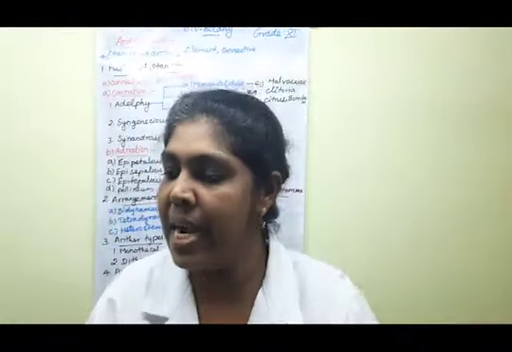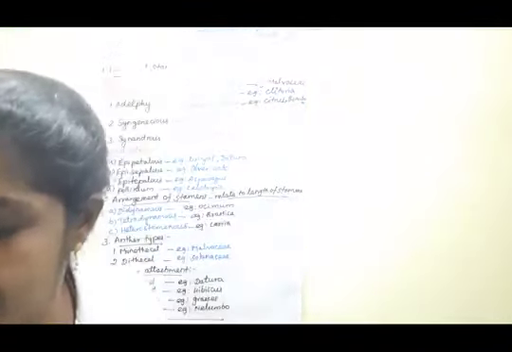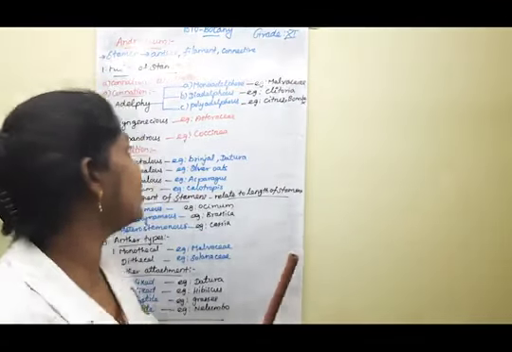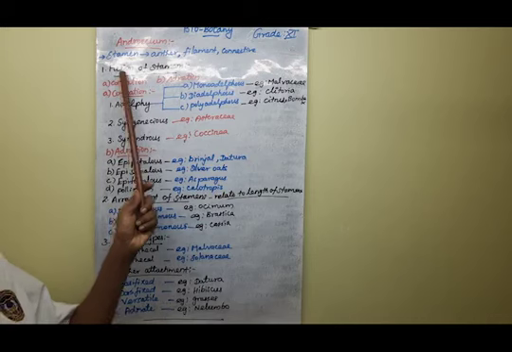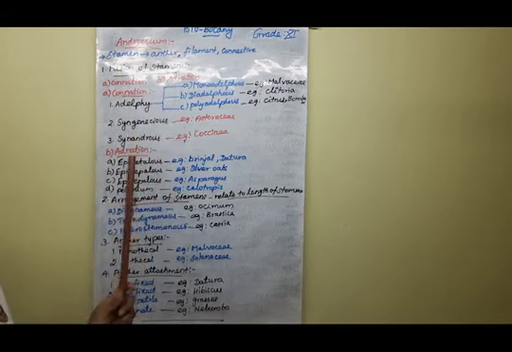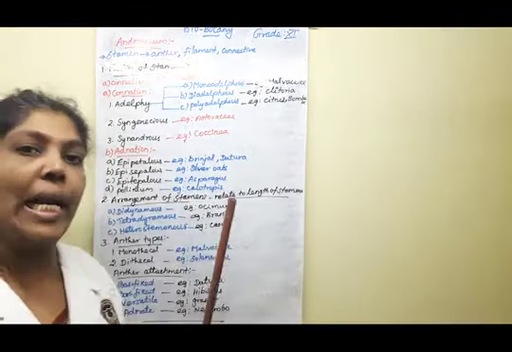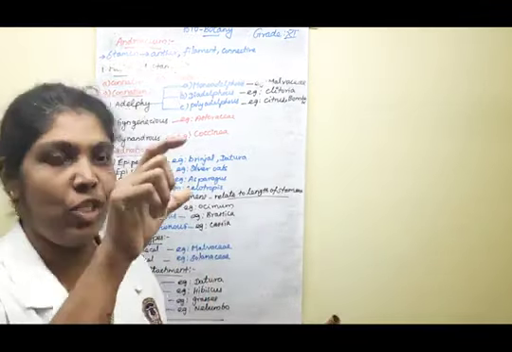Yes. From this Androecium, we are going to learn four topics, children. The first one is fusion of stamens. The next one is arrangement of the stamens related to the length of the stamen.